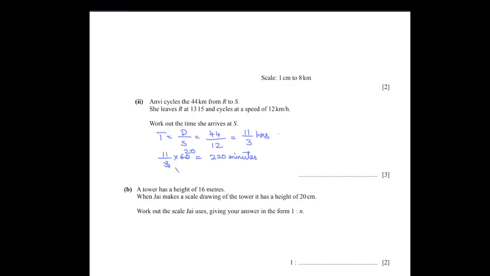You have to check. 240 is 4 hours, so it is not 4 hours, it is 3 hours. So 3 into 60 is 180 minutes. So it is 3 hours, and 220 minus 180 is how much?